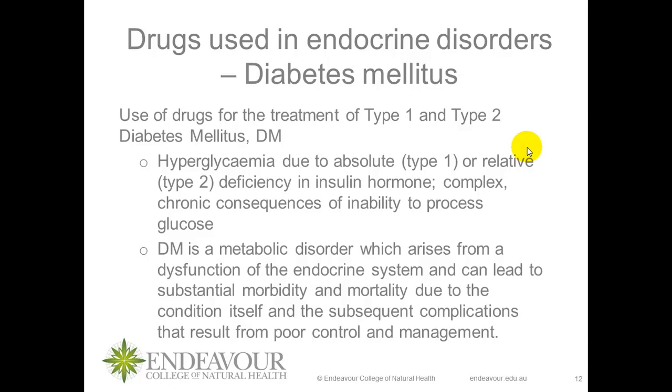Diabetes mellitus is therefore a metabolic disorder in the endocrine system. There are many causes. It is a disease that has a very high morbidity and mortality burden. We'll see that it is a myocardial infarct that kills most people with diabetes mellitus. There are many complications, and we will only be able to talk briefly about some of those. These complications result from poor glycemic control.